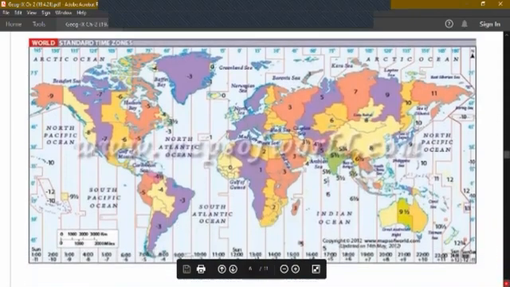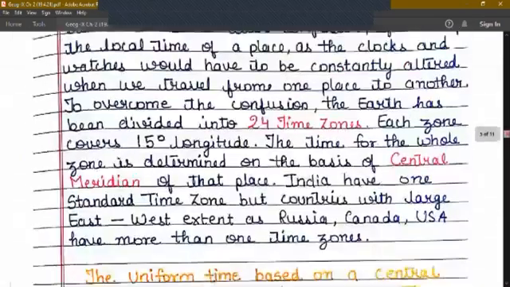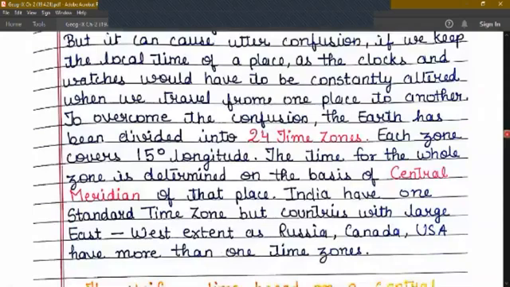This picture shows the 24 time zones. Each zone covers 15-degree longitude.